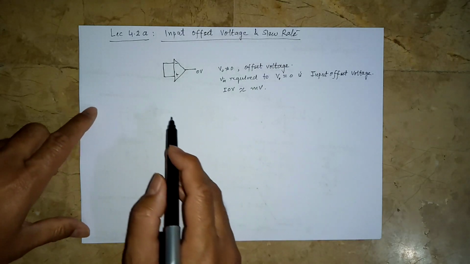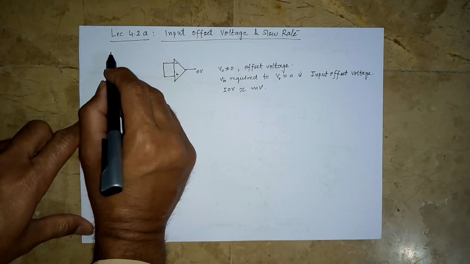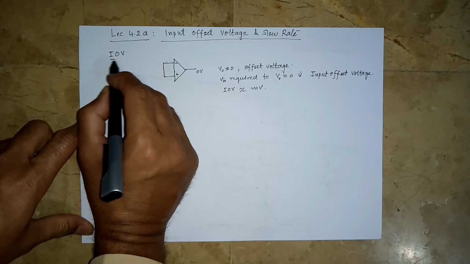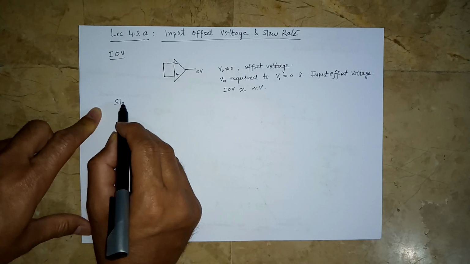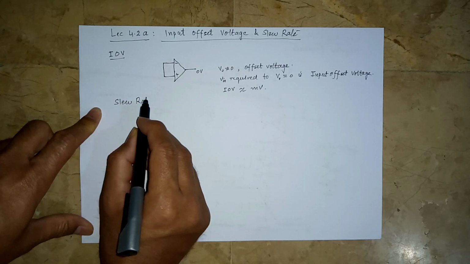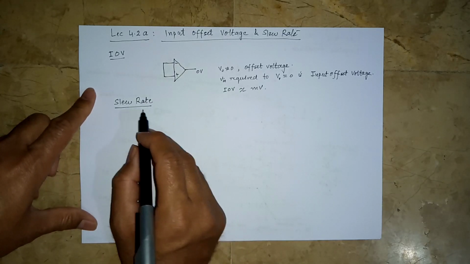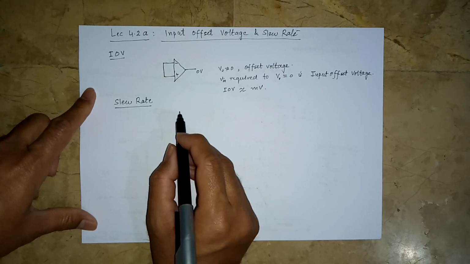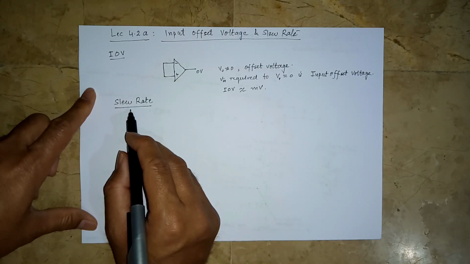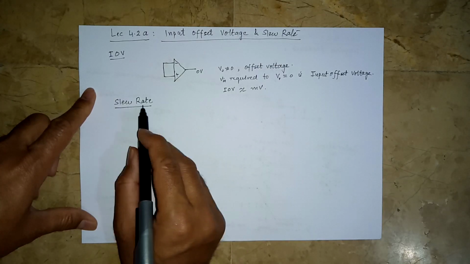Okay, and one of the other things that is not related to us in this course right now, but let me just make you at least familiar with the term. There is an important characteristic of an op-amp known as slew rate.